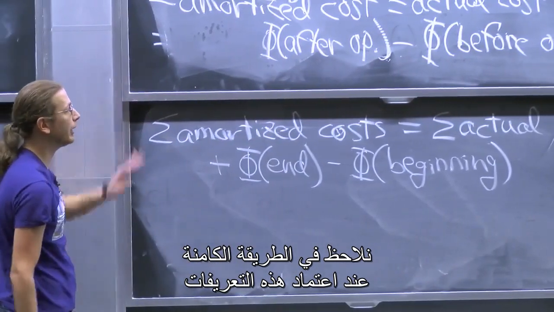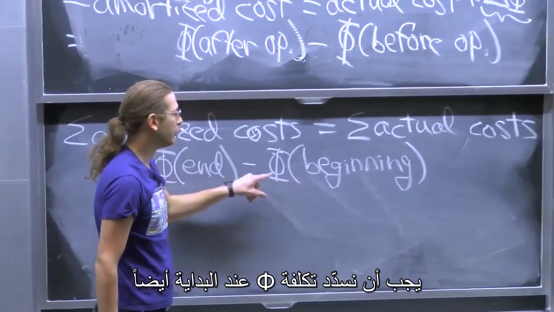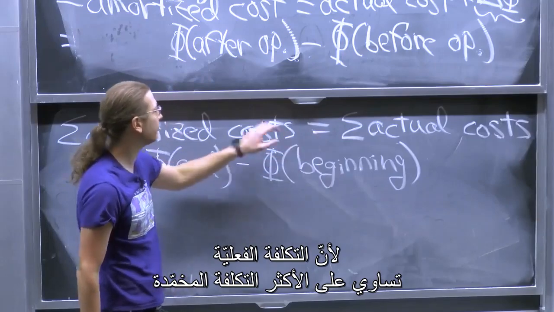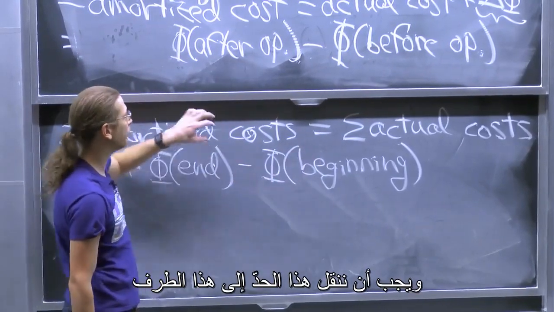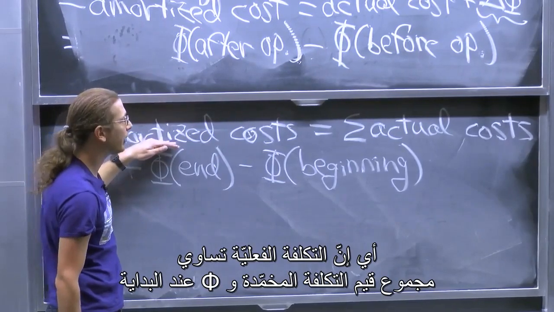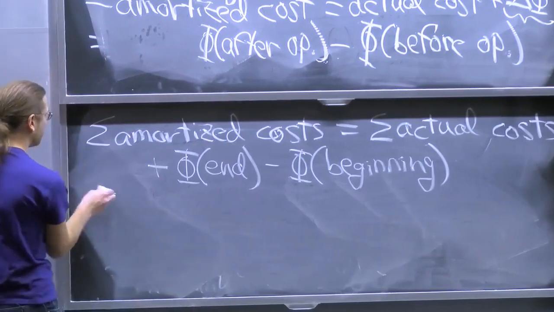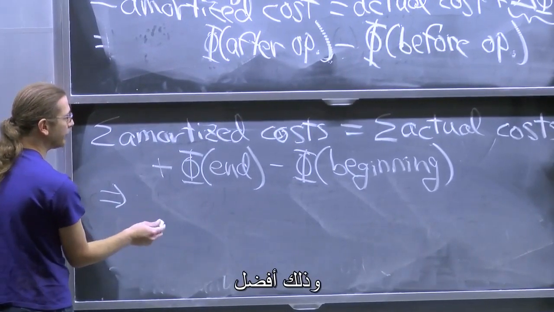When you define things this way, you also have to pay for fee at the beginning, because we want the actual cost to be at most amortized cost. Okay, so we need to take this part and put it over here. So it's at most sum of amortized cost plus fee of the beginning. Okay, this part becomes negative, so we usually just ignore it. It can only help us.